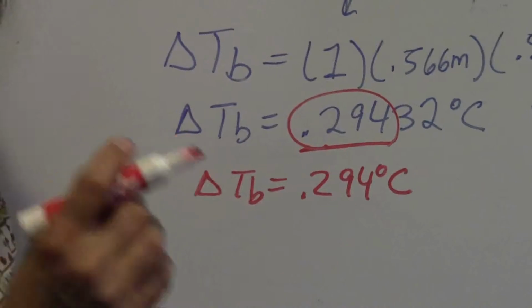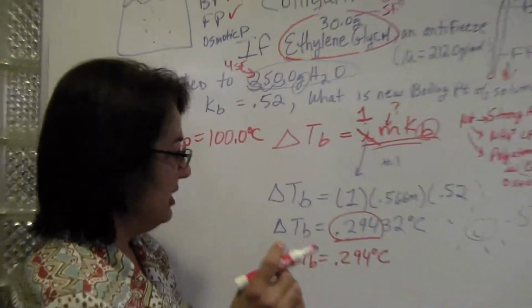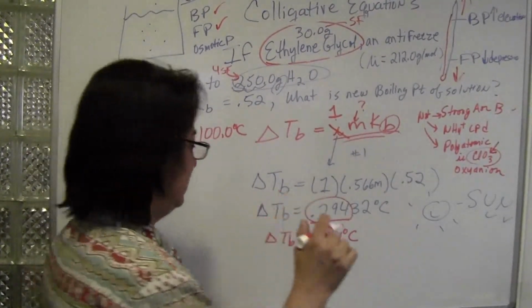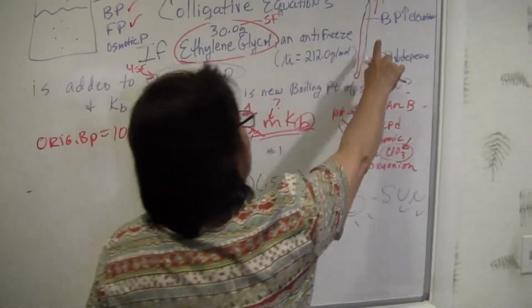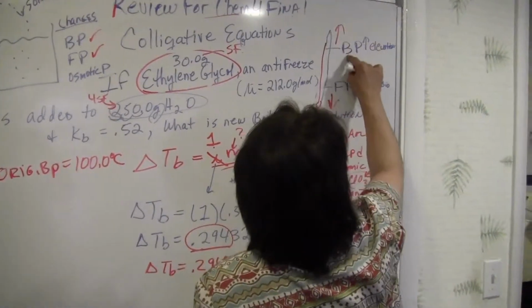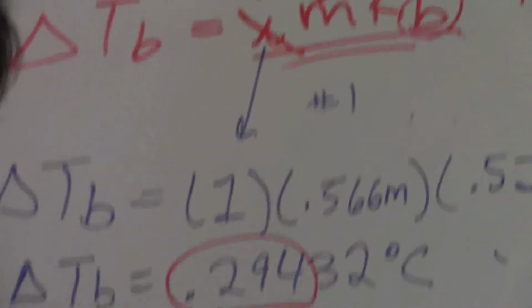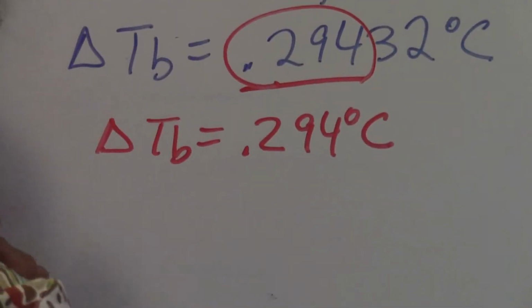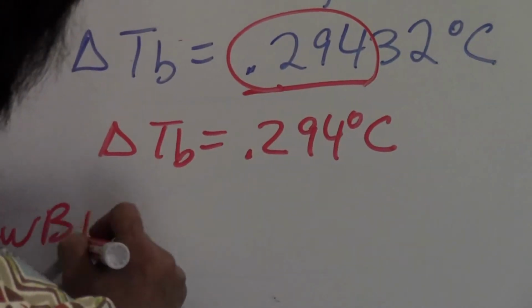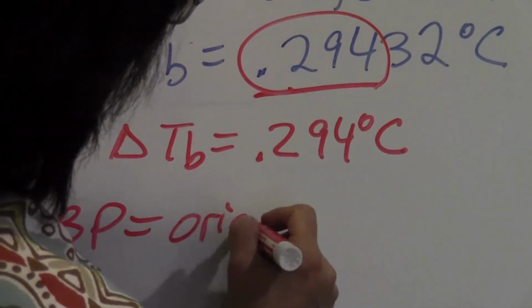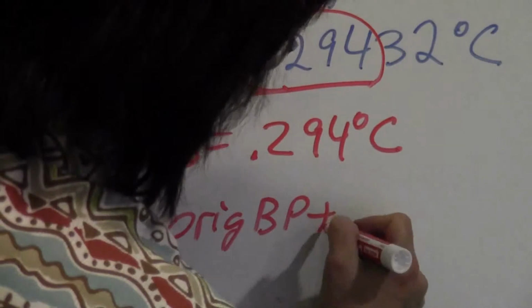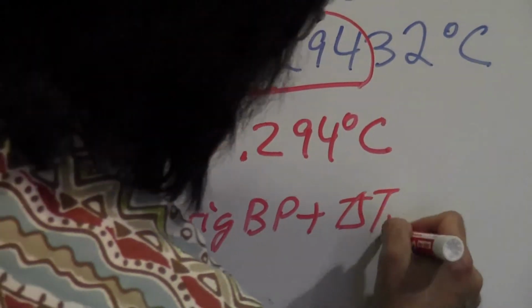Don't make a silly mistake here. You're right there. You're at the brink of greatness. This is the number that you have to add to the original boiling point of the water. So our new boiling point equals the original boiling point plus the delta TB.